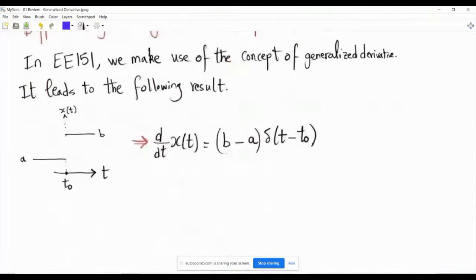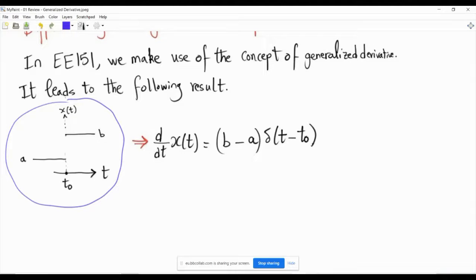So if you have a function that has a jump at t0, assume that it is some constant a below t0, and then some constant b above t0, and a is not equal to b, indicating that there is a discontinuity at t0. Now, classically speaking, the function is not continuous at t0, and hence it is not differentiable at t0.